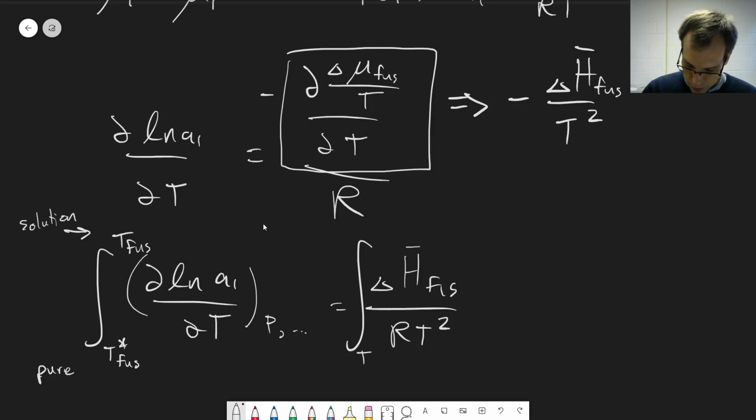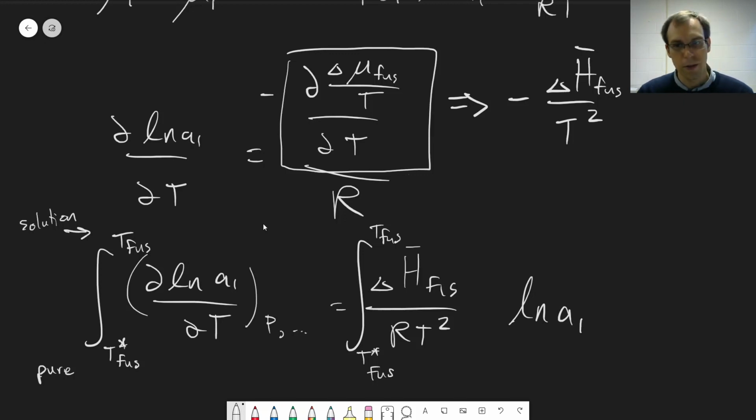And we do the same on the right-hand side of the equation. This gives us a way to find the activity coefficient. So this will give us natural log of A1 minus natural log of the pure A1, which is equal to 1, so that term ends up being 0, and that is equal to this integral here.